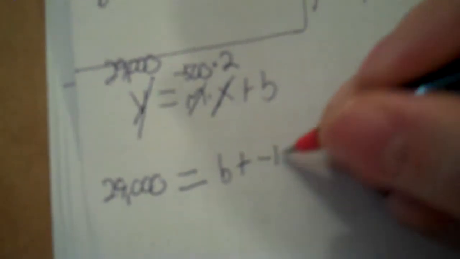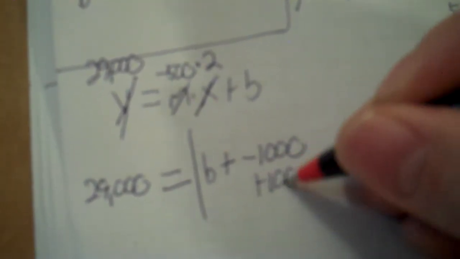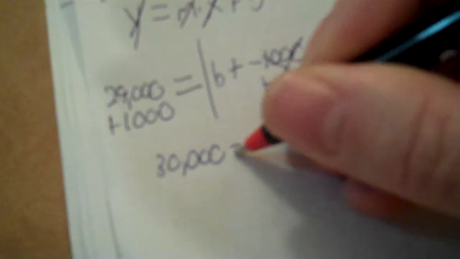So 29,000 equals B plus negative 500 times 2, which is negative 1,000. And you need to add 1,000, and that's going to find our B for us. 29,000 plus 1,000 is 30,000. Now that just means 30,000 goes right here. Now you haven't solved it yet.